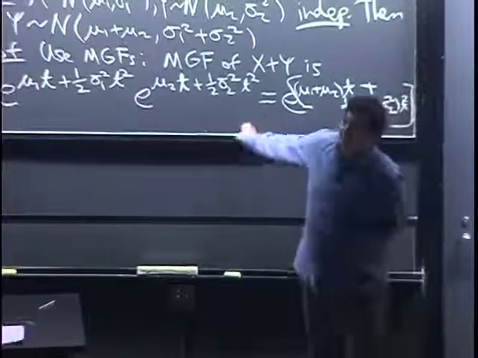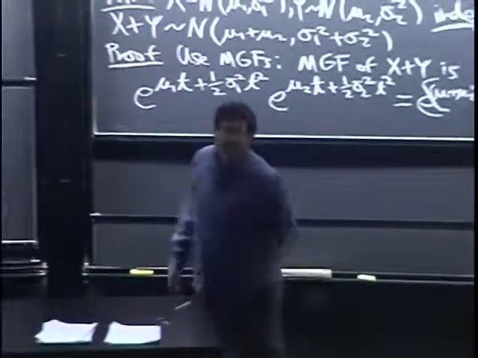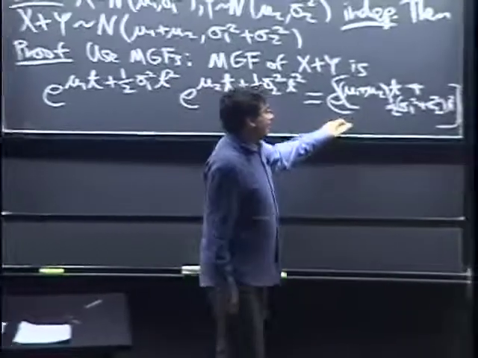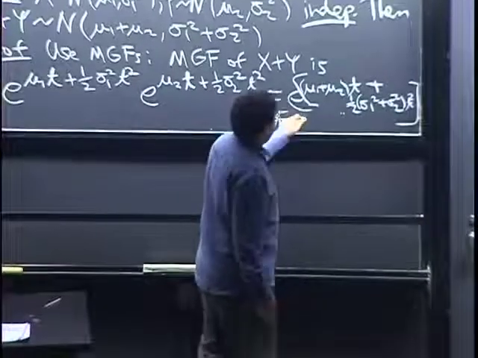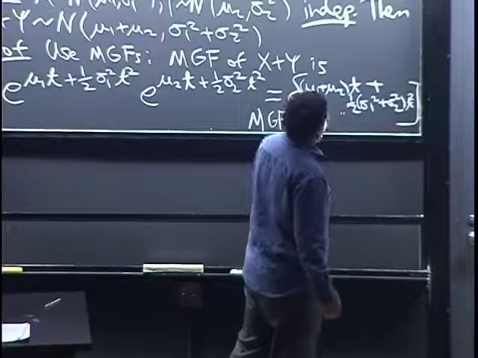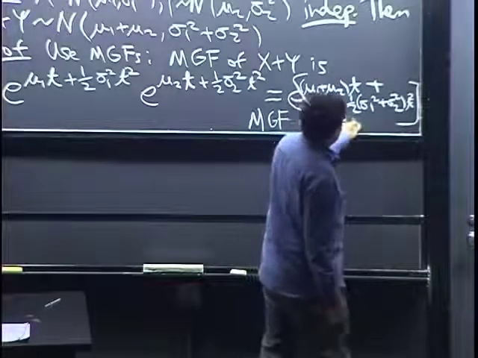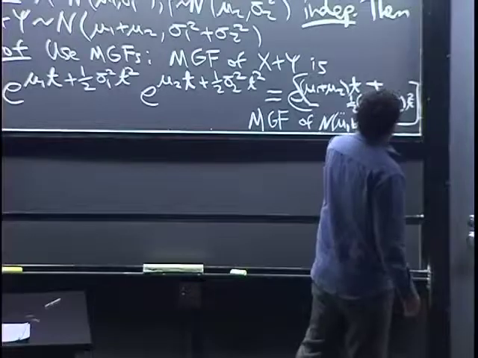I ran out of space on this board, but that's the end of the proof, because that's the MGF of normal mu1 plus mu2, sigma 1 squared plus sigma 2 squared.